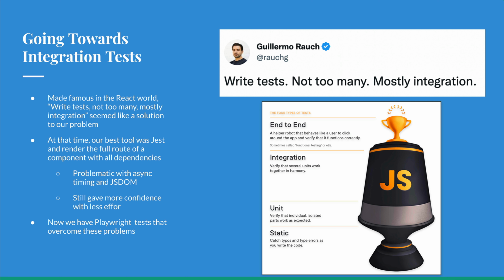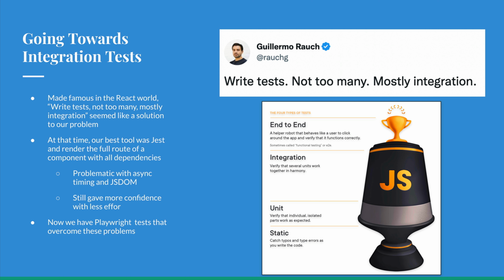In the React world, which at the time was the biggest framework, there was a new testing approach gaining traction, based on the tweet from Guillermo Rauch saying, "Write tests, not too many, mostly integration." It questions the whole testing pyramid and says you should focus more on integration tests because they have a perfect balance of convenience and effort to write the test and how much it takes to maintain it.